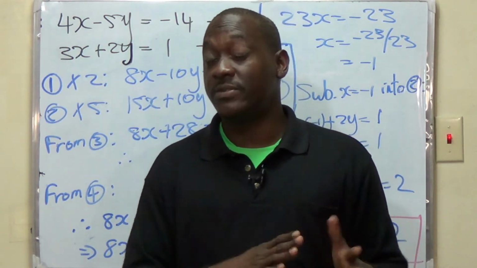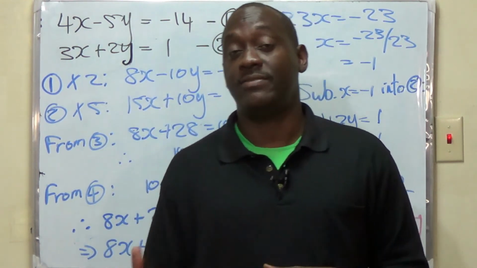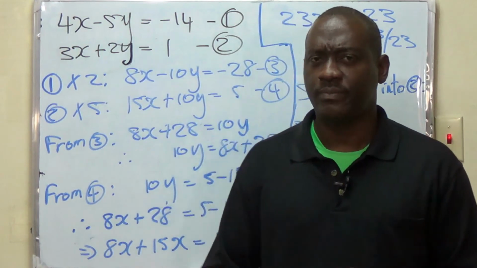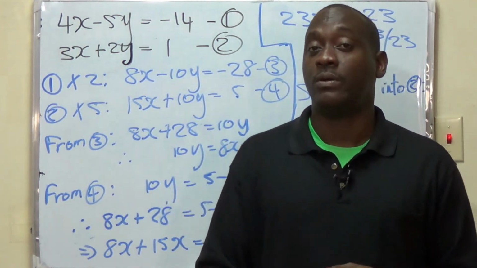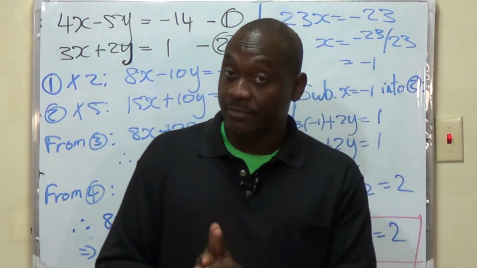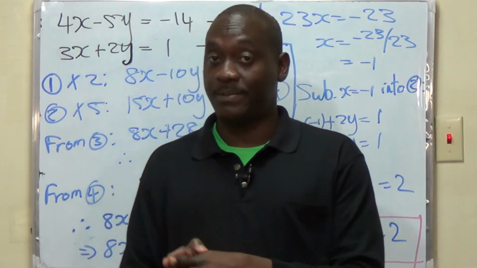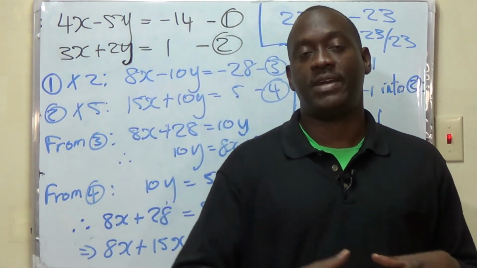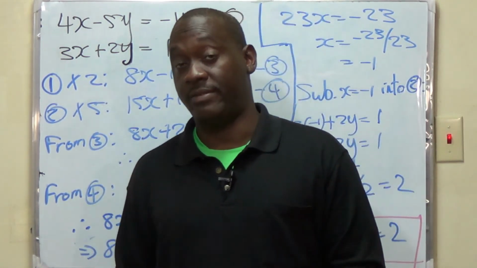It doesn't matter which variable you pivot on, the x variable or the y variable. You find the value of that variable and then you substitute it back into the equations to find the value of the remaining variable.